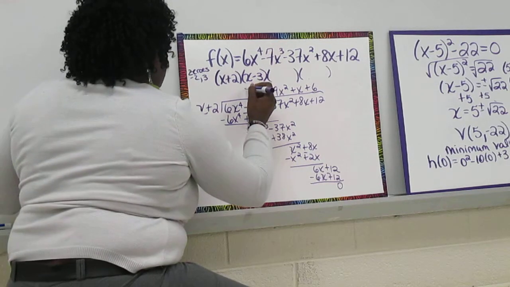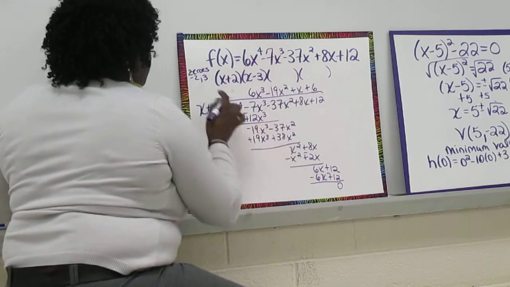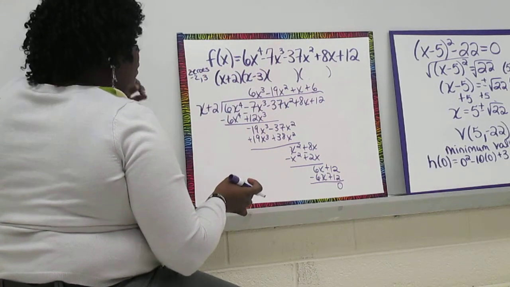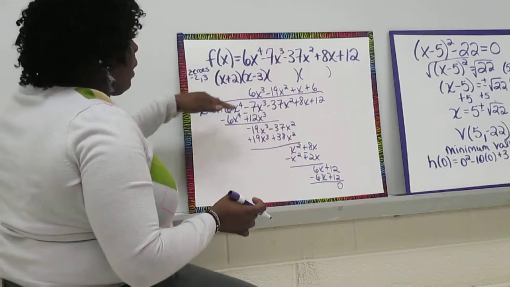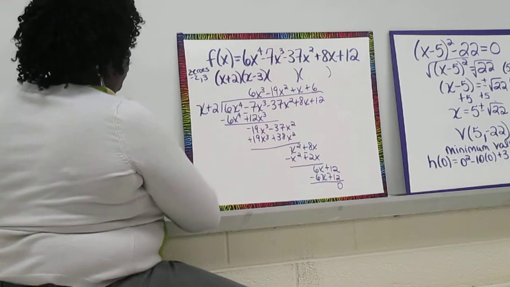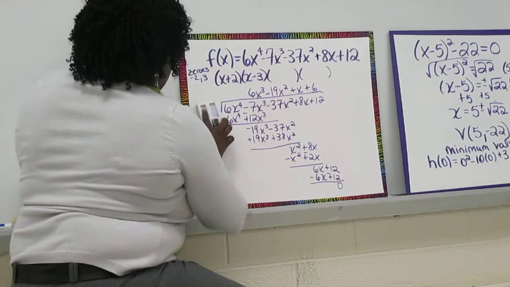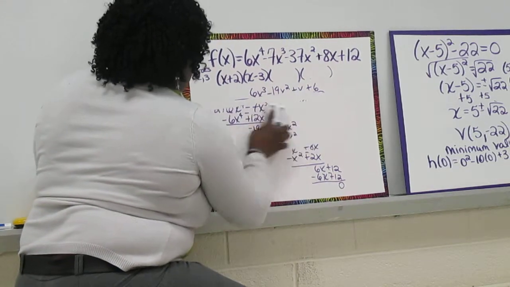Now, you're going to take your answer and divide it by x minus 3 so that we can get it to a quadratic that we're able to factor. All right, so I'm going to erase this.